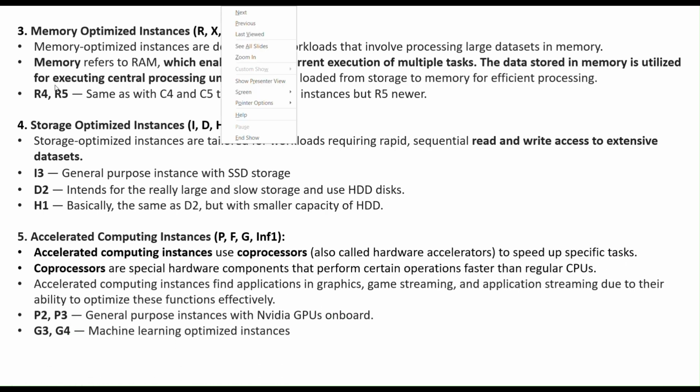Accelerated computing instances use co-processors, also called hardware accelerators, to speed up specific tasks. Co-processors are special hardware components that perform certain operations faster than regular CPUs. So it will give us extra acceleration to the computing instances.